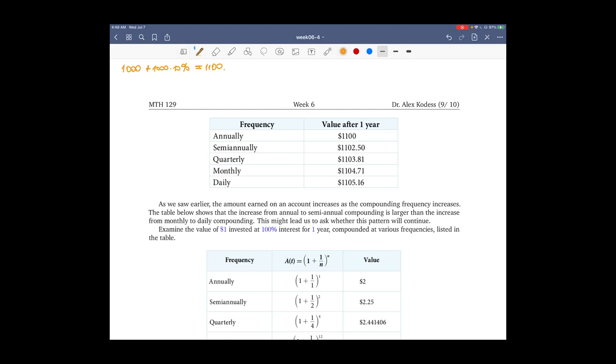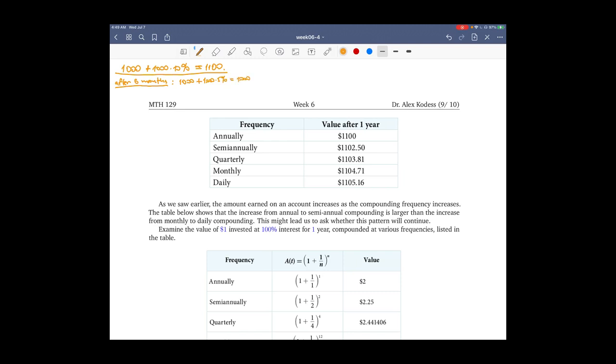What if we compound twice a year? Once after 6 months with an interest rate of 5%, and after another 6 months, again with an interest rate of 5%. Well, after 6 months, I get $1,000 plus $1,000 times 5%.